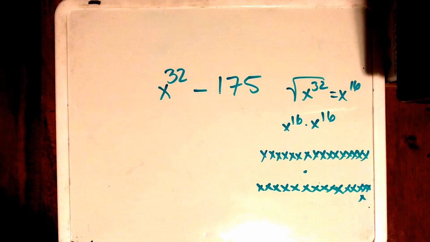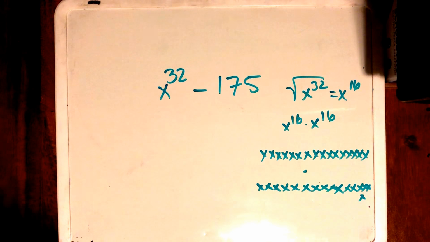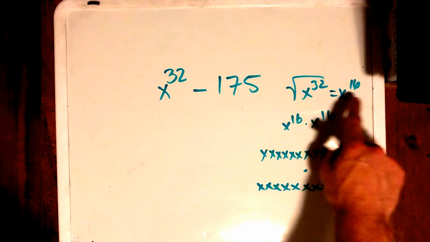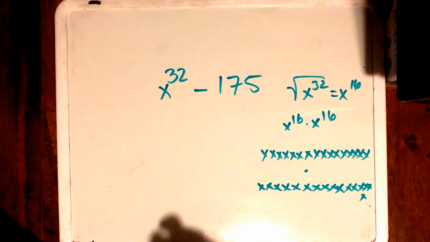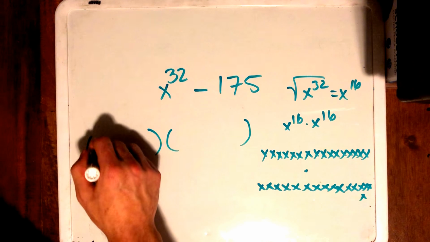That's 32 x's. So x to the 16th times x to the 16th is x to the 32nd. Our square root of x to the 32nd is x to the 16th. There you go. So that is the first term in our binomials.